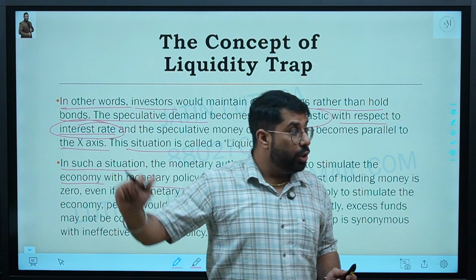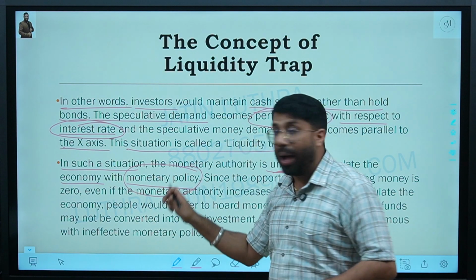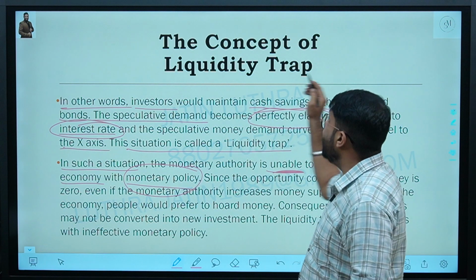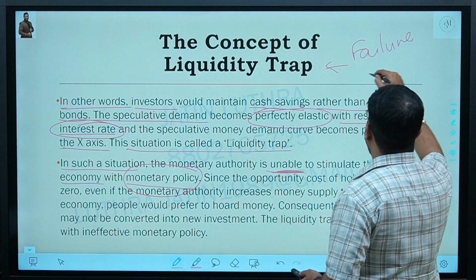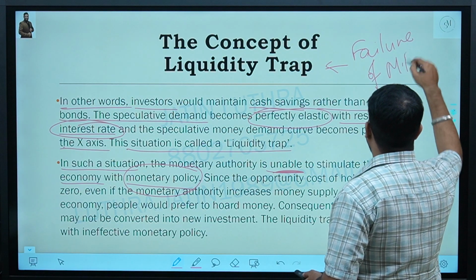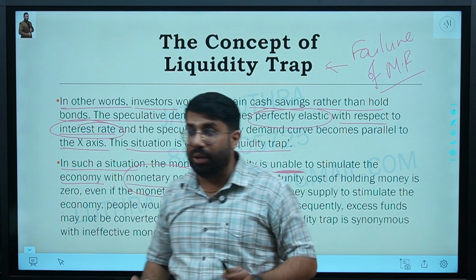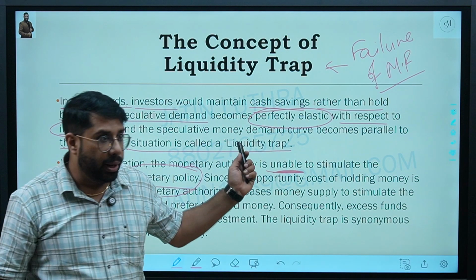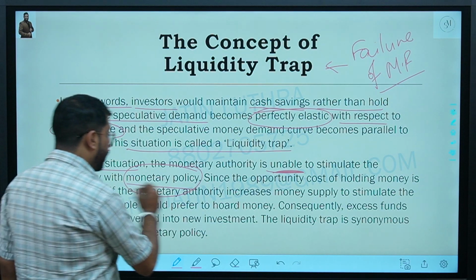It means we cannot correct the situation using monetary policy. Why? Because we went into the liquidity trap because of the failure of monetary policy. Monetary policy has failed. That is the reason we have gone into the liquidity trap. It means there is no way that we can correct the situation using monetary policy.